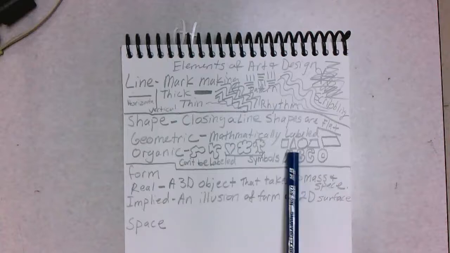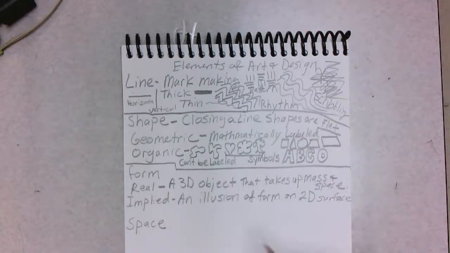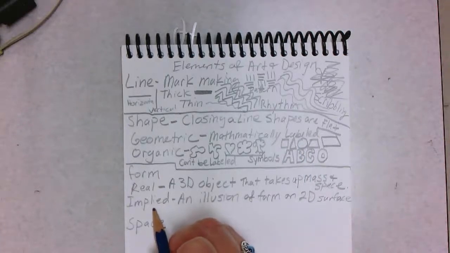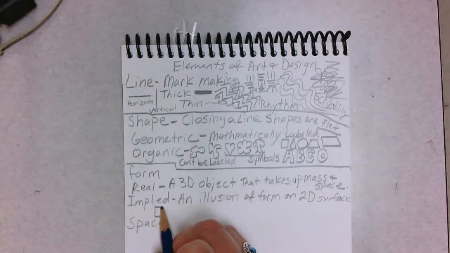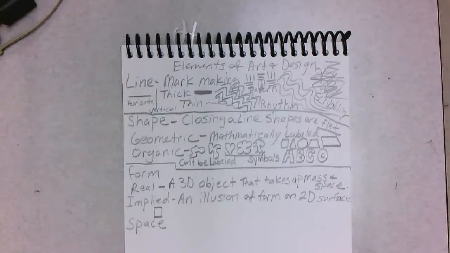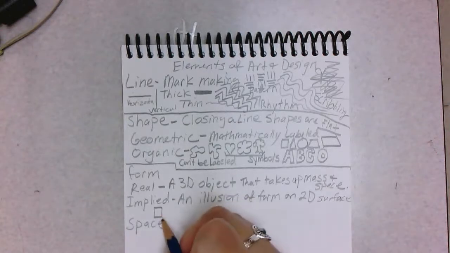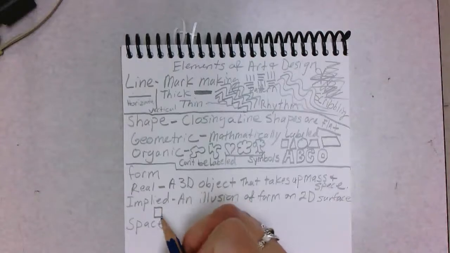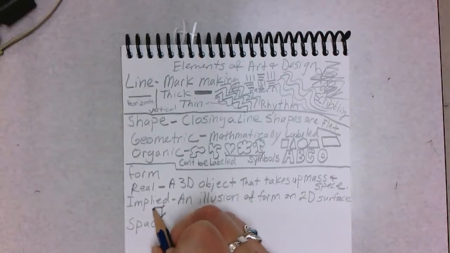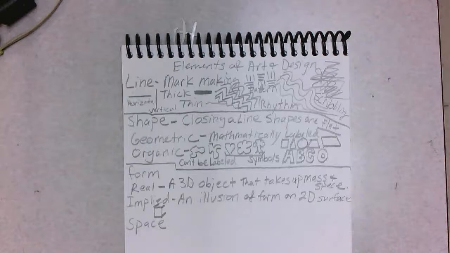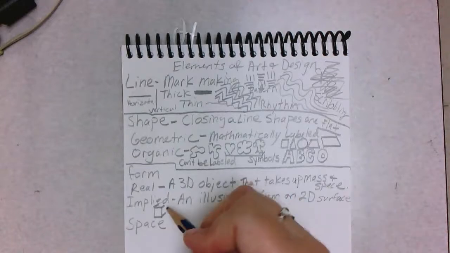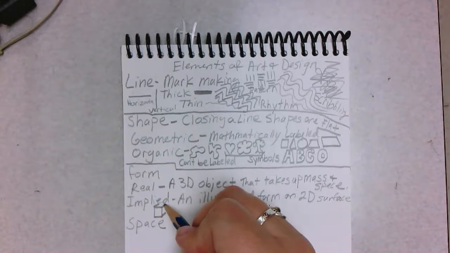So if we look up here at our shapes, and we draw another square down here, how can we make that look like a form? You can do 3 diagonal lines out in one direction. They can go either right or left or up or down, whichever, but just make sure they all go in the same direction.